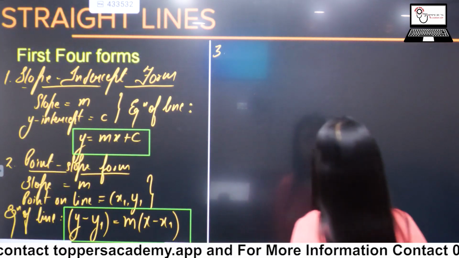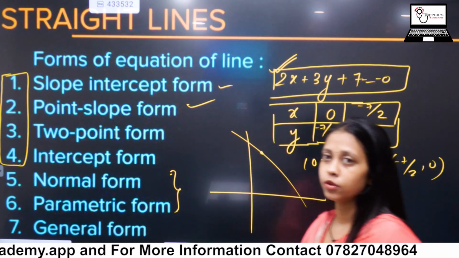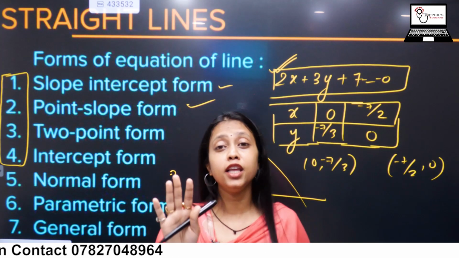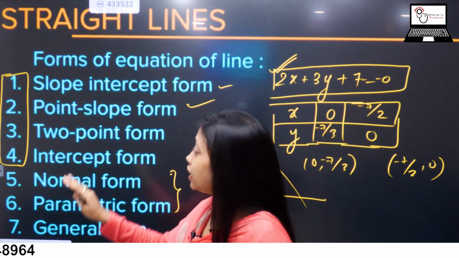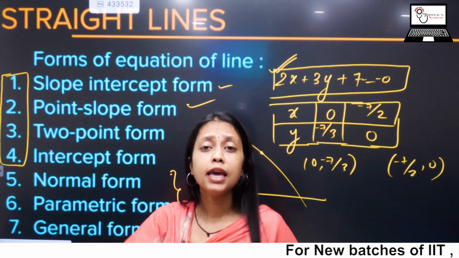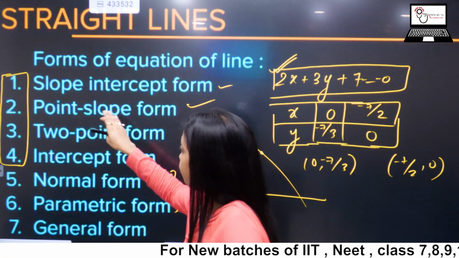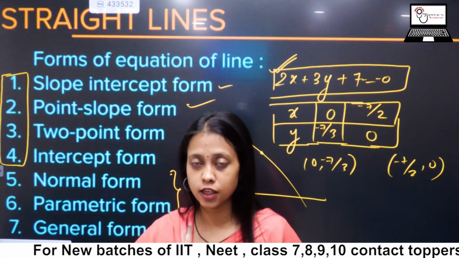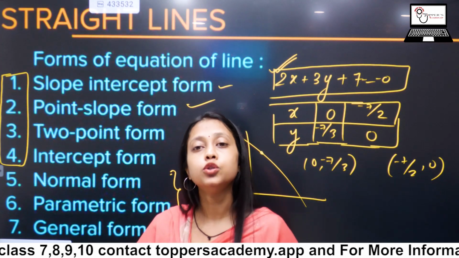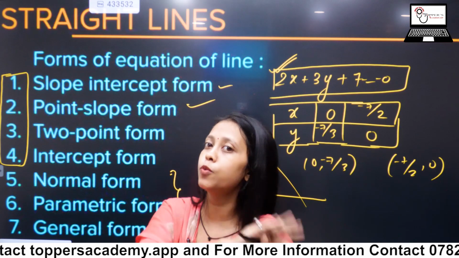Now, third is two-point form. This is nothing but, you can say, a subpart of the second, point-slope form. In point-slope form, slope is given and a point is given. But in this third form, slope is not given; instead, two points are given.